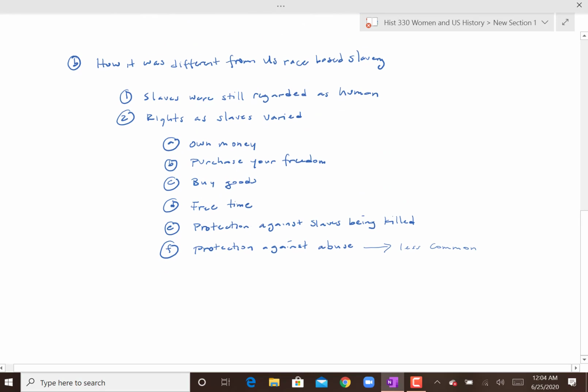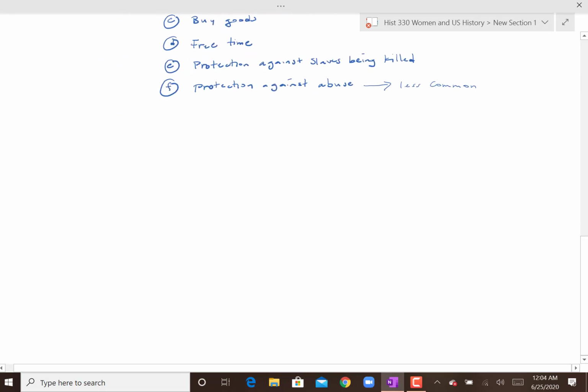Keep that in mind when we get to early colonial slavery for women and how it transitions. So what I want to look at next is African slavery, and the structure there, because that brings us into how Europeans got involved and then transitioned to transportation of African slaves to colonial America.